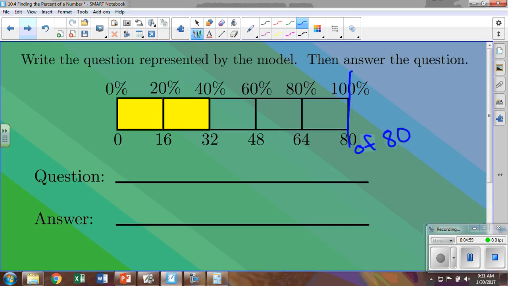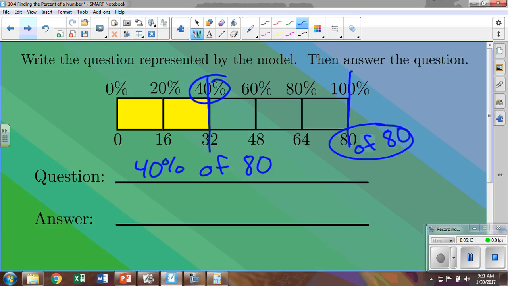The percent piece right here does the other piece. We're looking at 40% of 80. And then, of course, the answer, 32. Yeah, that's it.